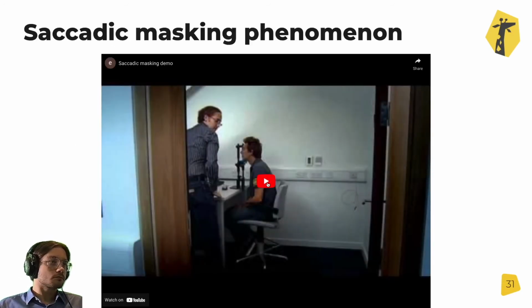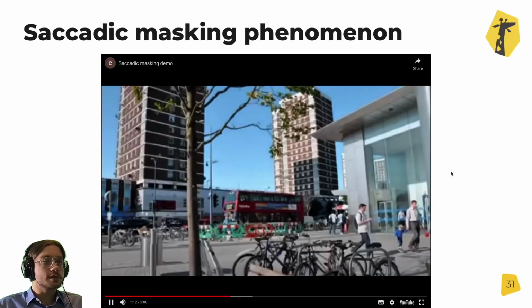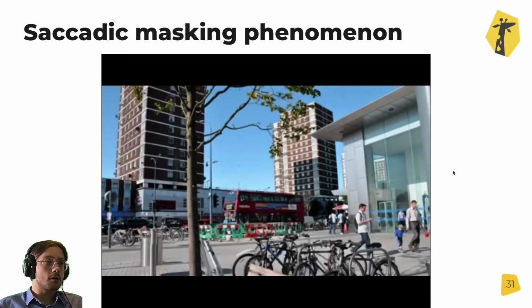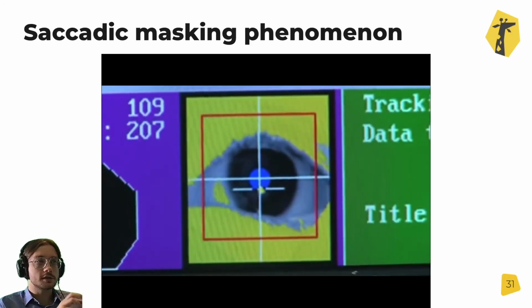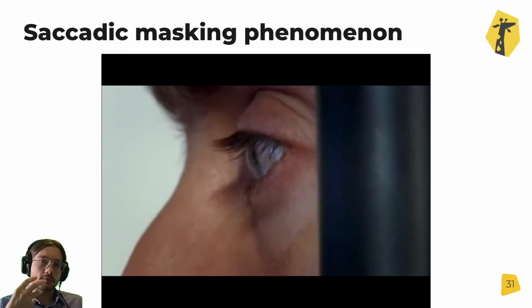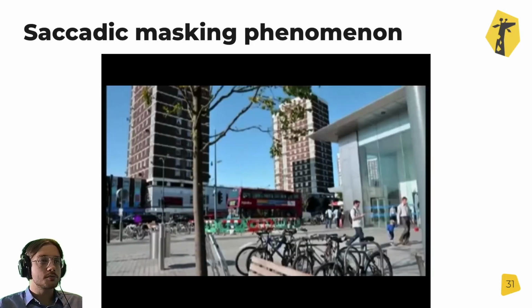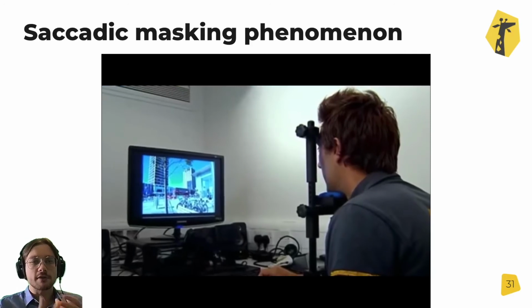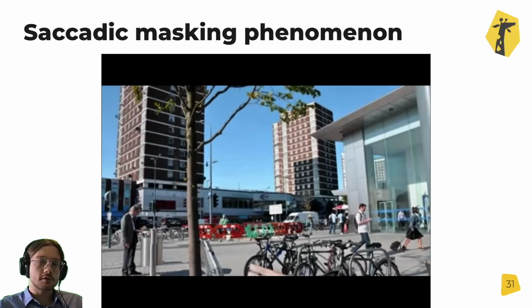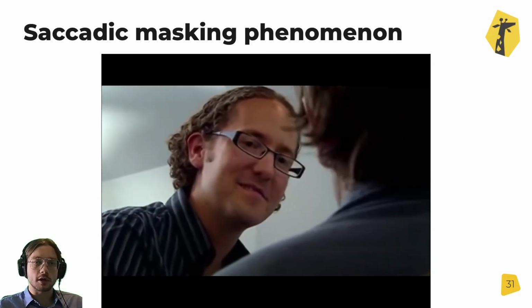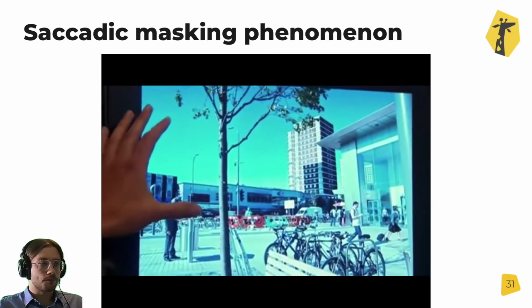Let's look at another example here. This is how the phenomenon of saccades is used. The person sits in a chair and looks at the screen, and the mechanism detects gaze direction and changes those things that the person is not looking at the moment.